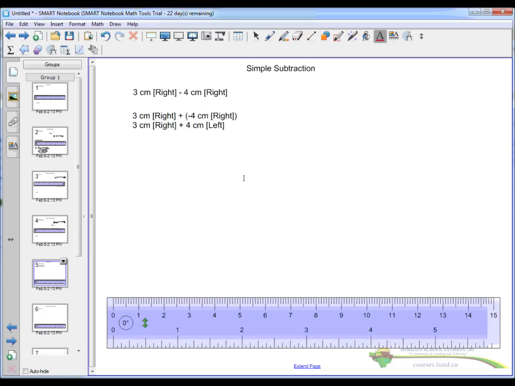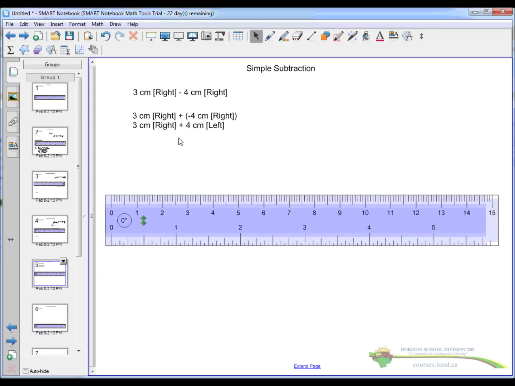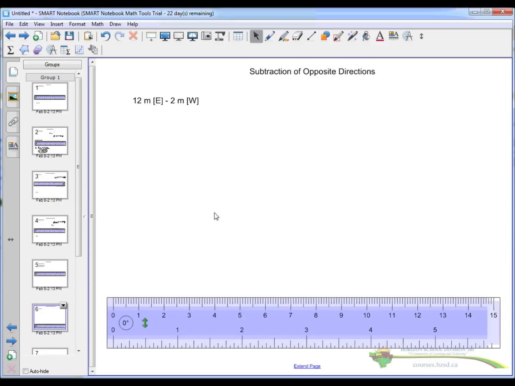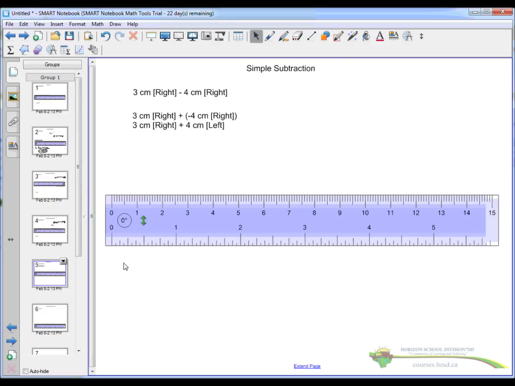So I'm going to just pull up my ruler. And now it's no different than this example, adding in opposite directions, right? We're adding in opposite directions. So, oops, back to this one.